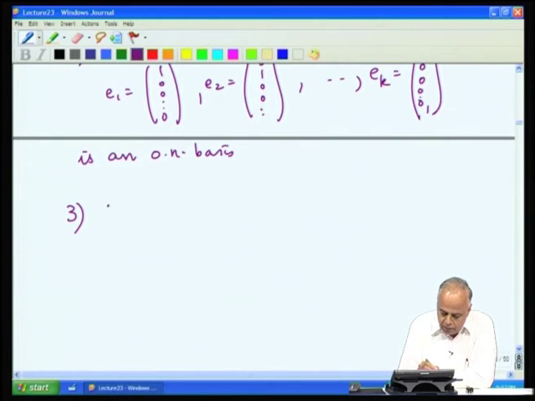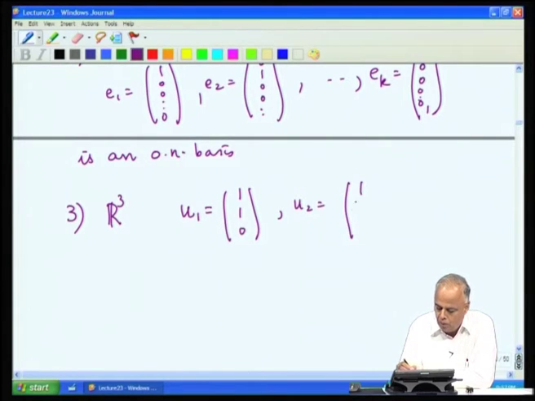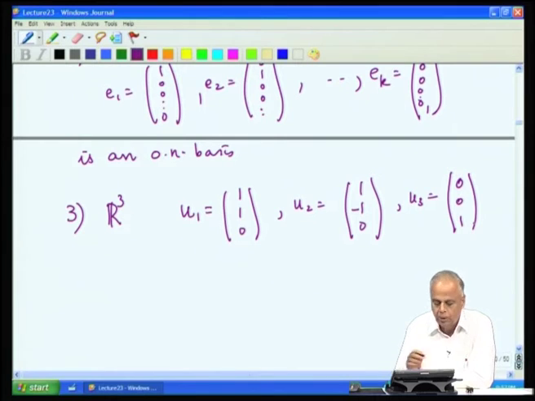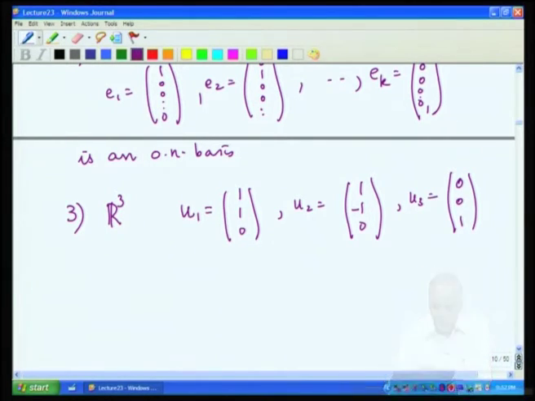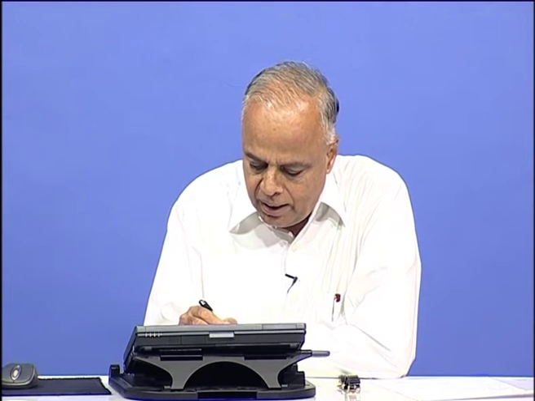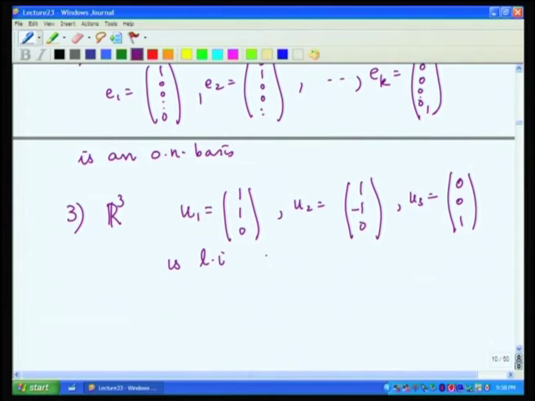Let us take R 3 and the vectors u1 equal to (1, 1, 0), u2 equal to (1, -1, 0), u3 equal to (0, 0, 1). This is a basis. It is easy to verify that this is linearly independent. There are 3 vectors, and the dimension of R 3 is 3.